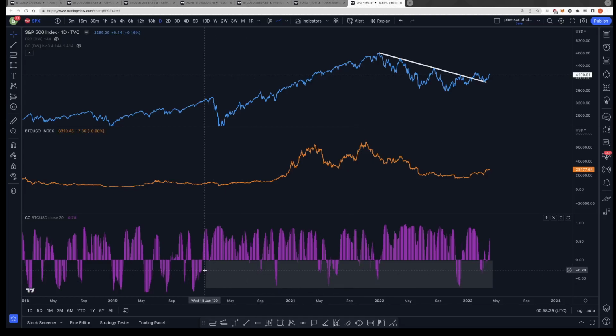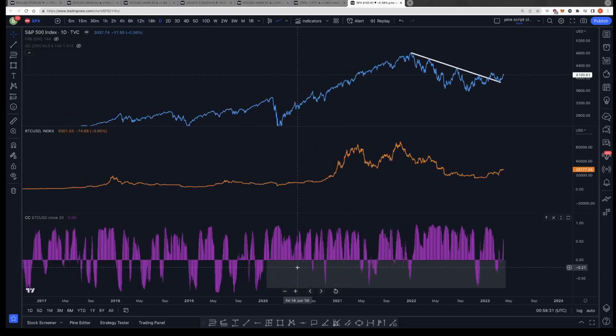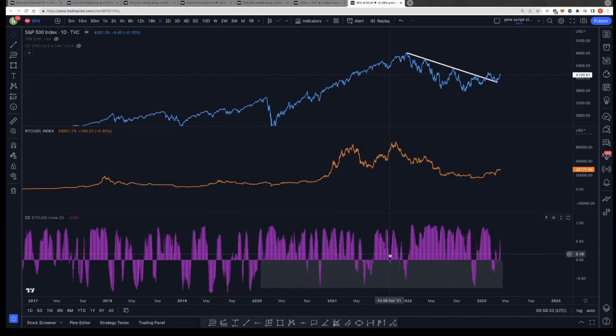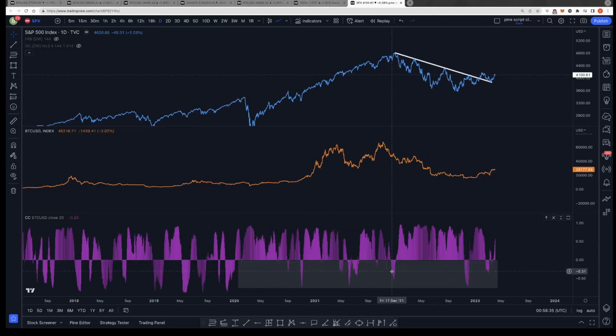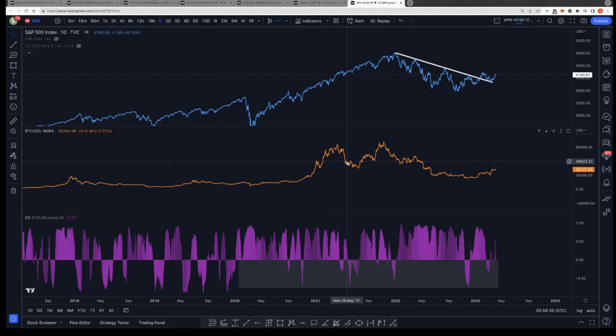You can see since about 2020, it's been mostly positively correlated. There's been a few breaks. You can see right here was right about at the top of the S&P. Down here, Bitcoin dumped before, and just a couple other little breaks here and there. Again at the bottom over here.